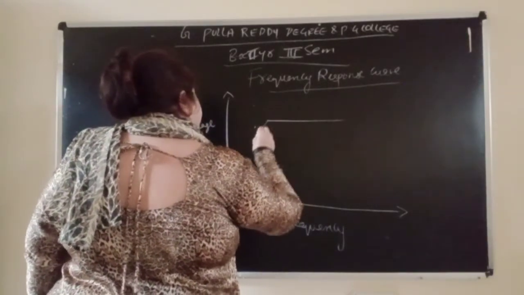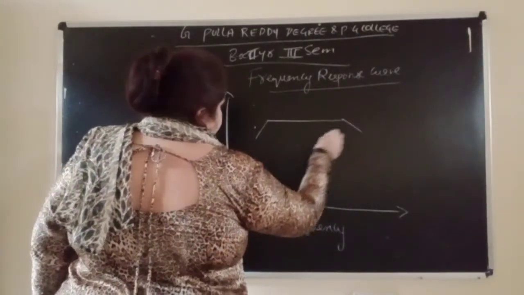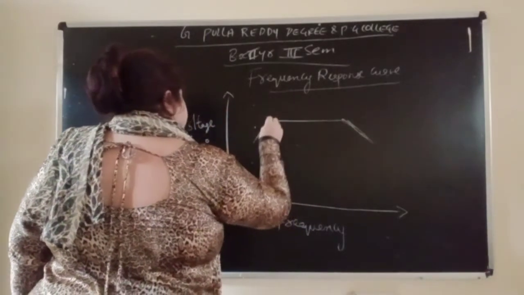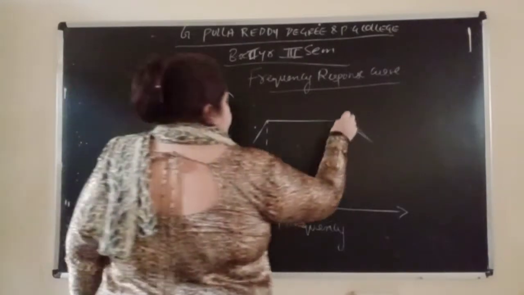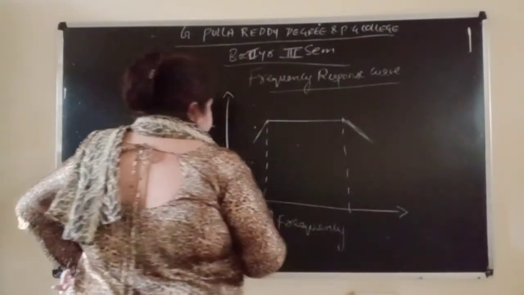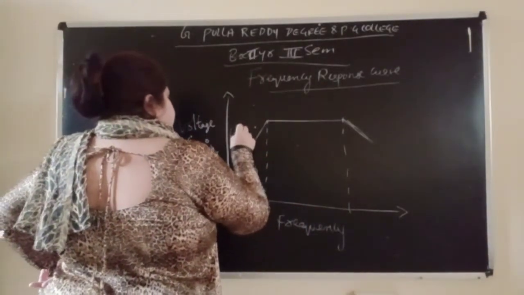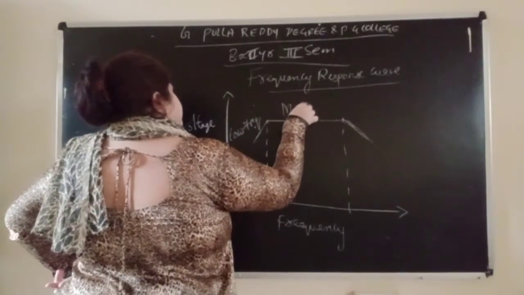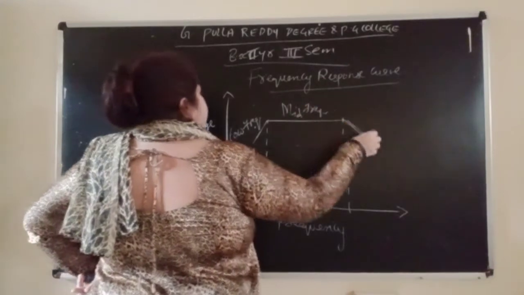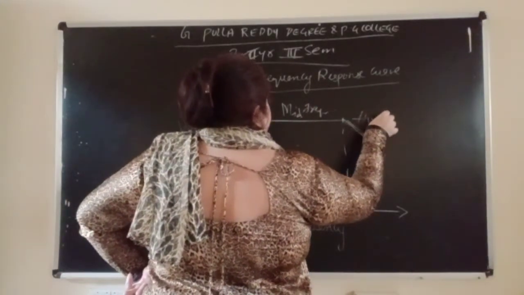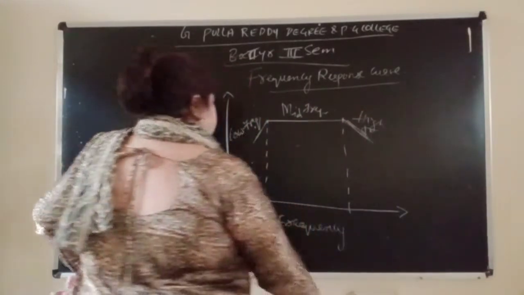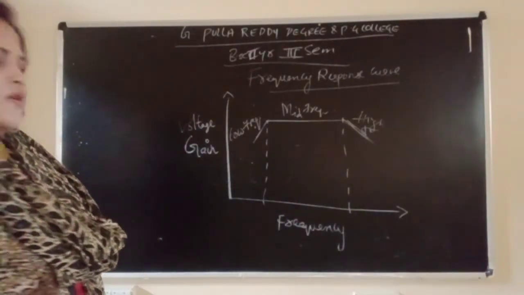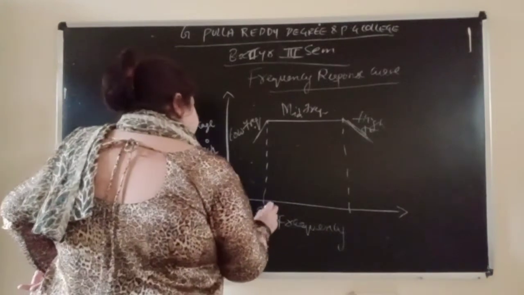Then you should draw the curve like this. This is low frequency, mid frequency, high frequency. This is your curve: low frequency, mid frequency, high frequency. The low frequency will be less than 50 Hz.